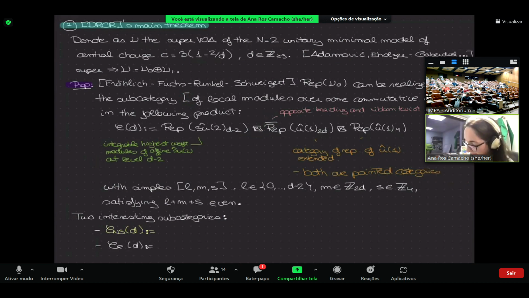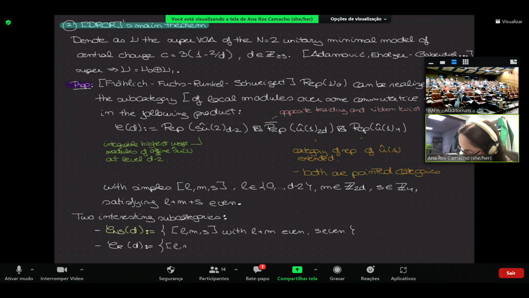That's a nice category. The thing is that I'm interested in something more internal than this big category. I'm going to extract the following two subcategories. I'm going to take here as C NS D the category given by simples that satisfy that L plus M is even and S is even, still satisfying this condition here.